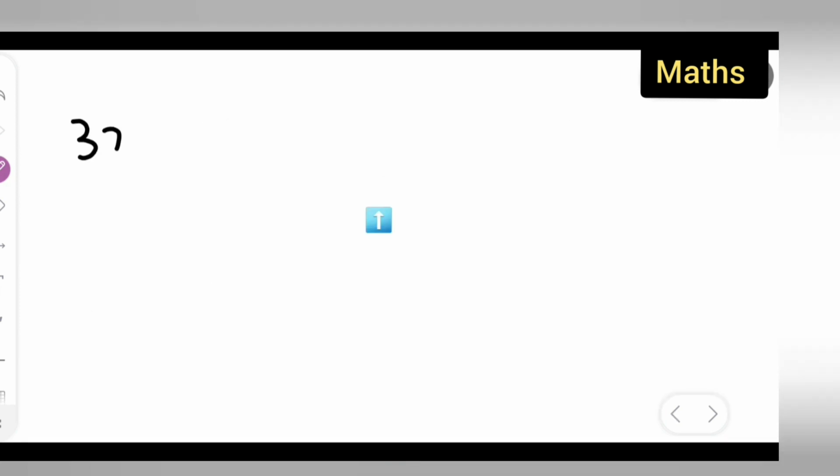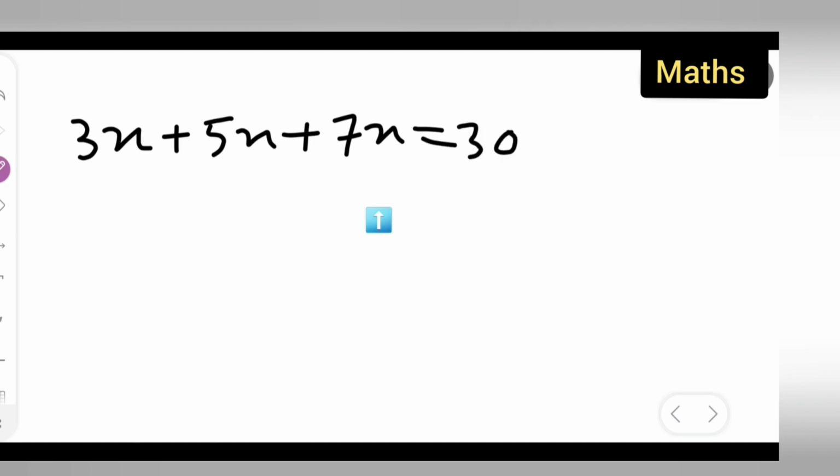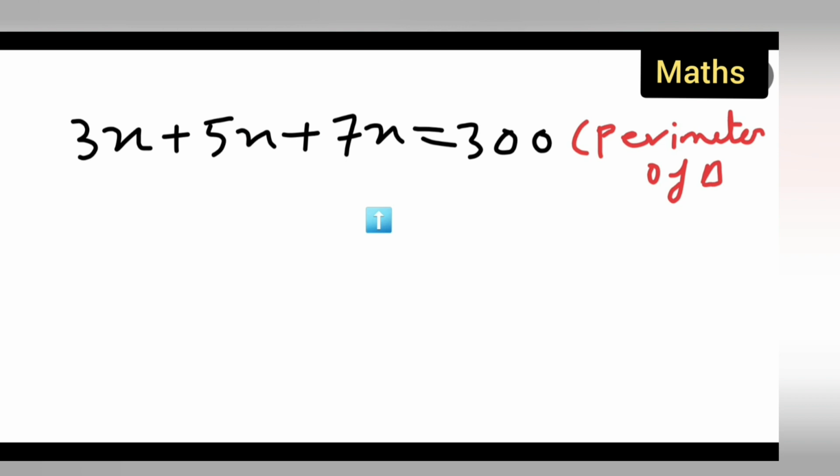Okay, so now what you all are going to do is write down, add this: 3x plus 5x plus 7x is equal to 300. Now what is this 300? Perimeter of a triangle.